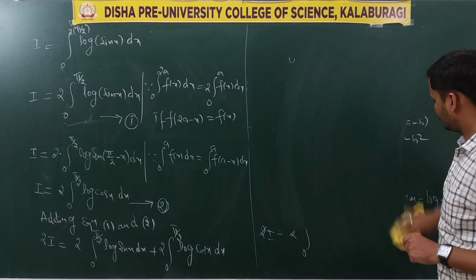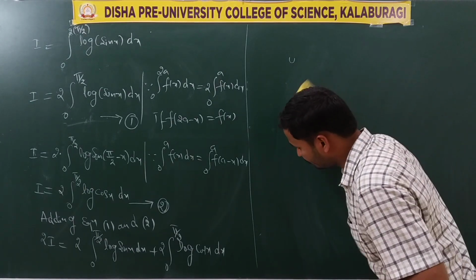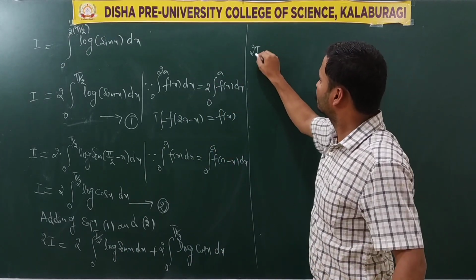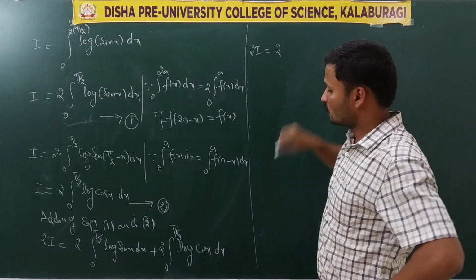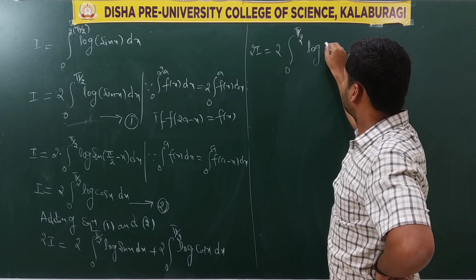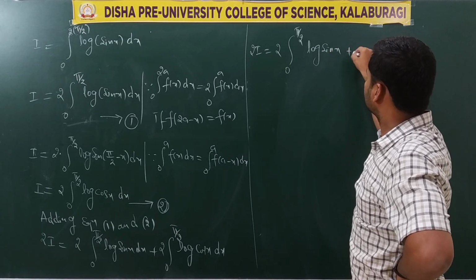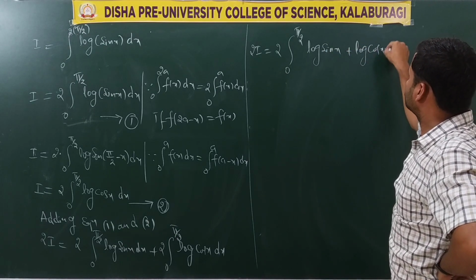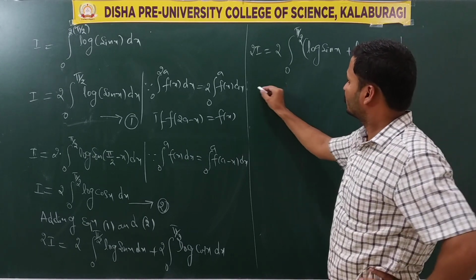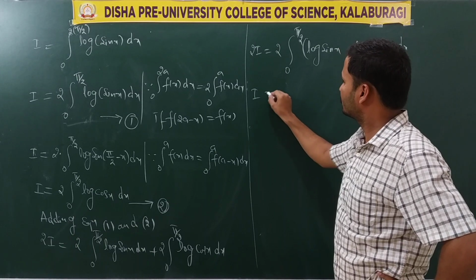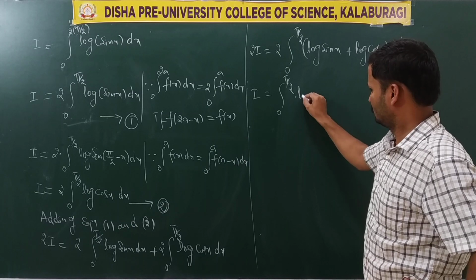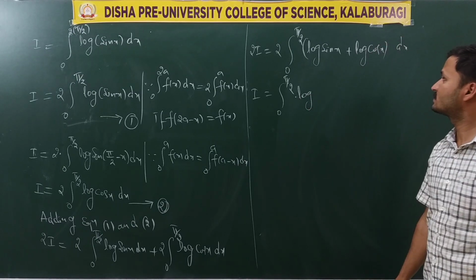So now 2I is equals to, taking 2 common, the integral from 0 to pi by 2 of log of sin x plus log of cos x, into dx. Then the 2 gets cancelled, so I is equals to the integral 0 to pi by 2 of log of sin x plus log of cos x.